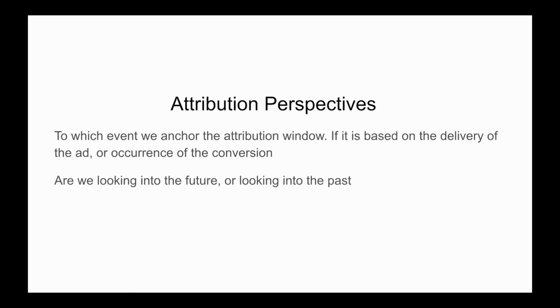One is based on the delivery of the ad, which means that we start the attribution window when the ad was delivered. Or we can anchor our attribution window based on the occurrence of the conversion, which usually doesn't happen on the same day of the ad delivery. When we're anchoring based on the delivery of the ad, we usually look into the future. And when we are anchoring based on the occurrence of conversion, we usually look into the past. I'll explain more in the next slide.